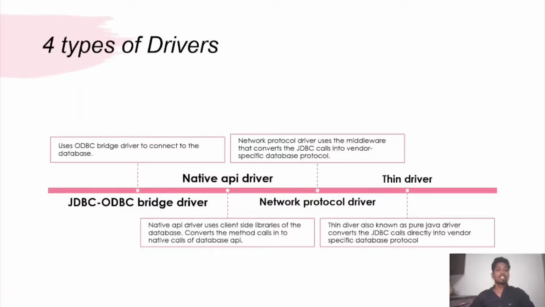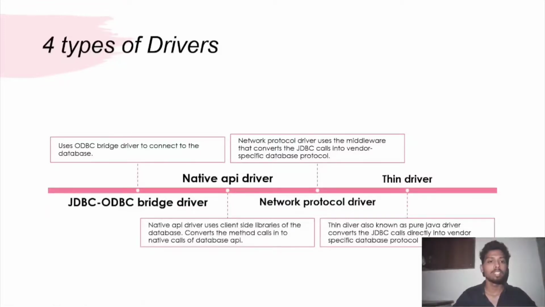This is a Microsoft product, and as most Microsoft products are platform dependent, it works only on Windows and does not support Linux or Unix. So this is a main drawback of using this ODBC driver. It is almost discontinued from Java 7 and we can't even test this JDBC ODBC driver in present versions. If you want to test this, you have to go back to versions less than 7.